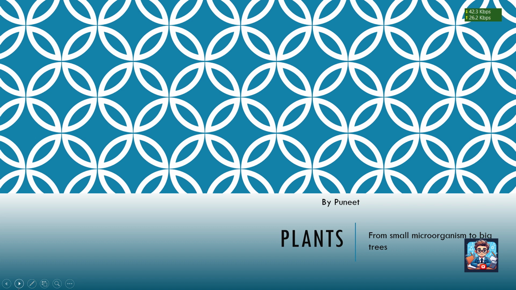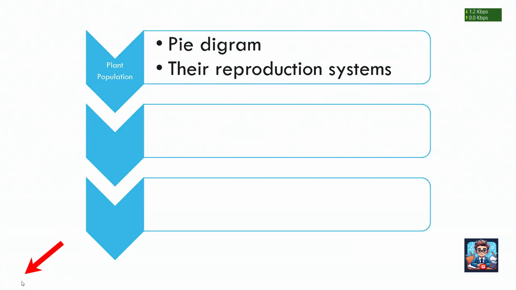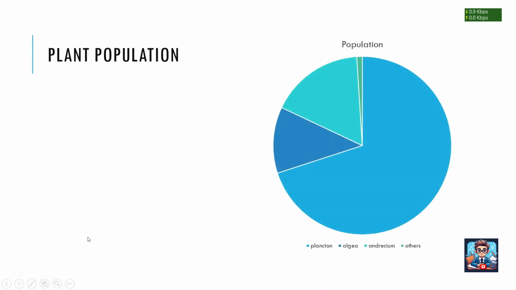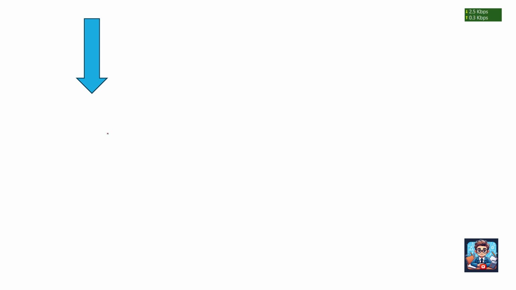You can use the arrow on the monitor or the scroll button or the left button. You can click on the arrow to move it, or scroll. Using this, you can do the presentation. You can also use pen to show it.